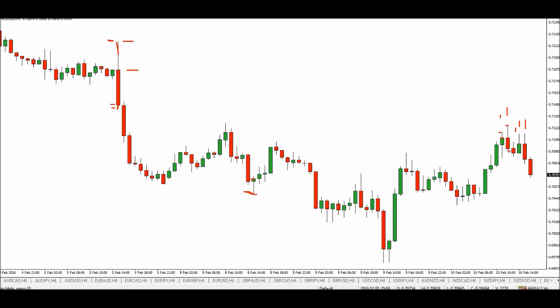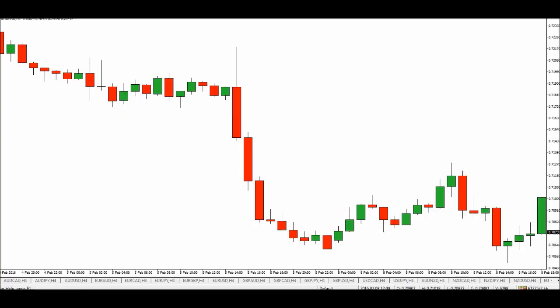Price was up here at some point but it closed here. Price was up here, it was also down here, it closed here. This one, it was down here at some point. It was down here but closed here, it was also up here. And that's basically it. These wicks leave a footprint of where price was.